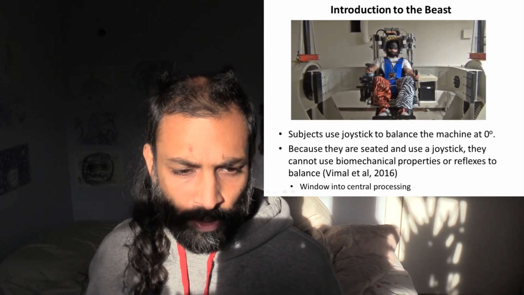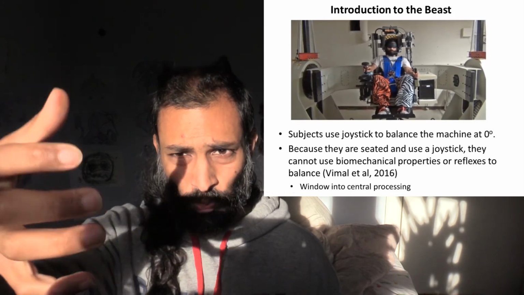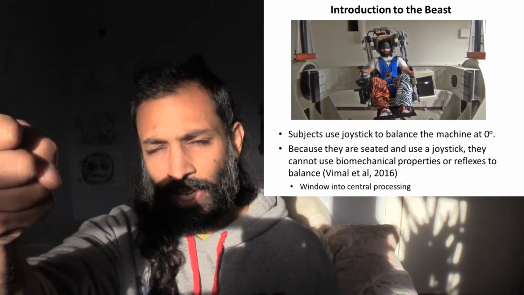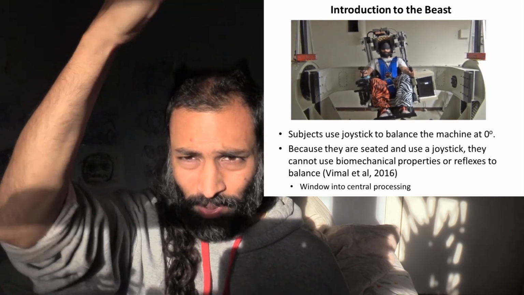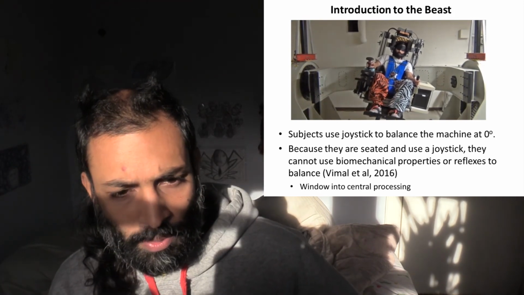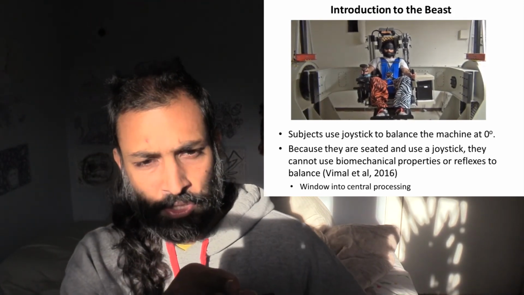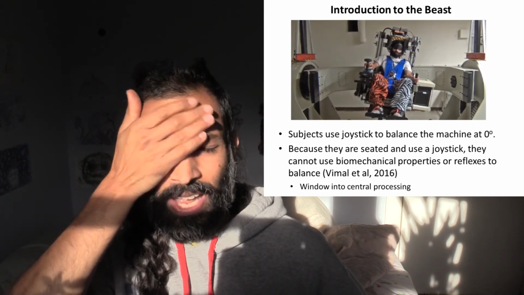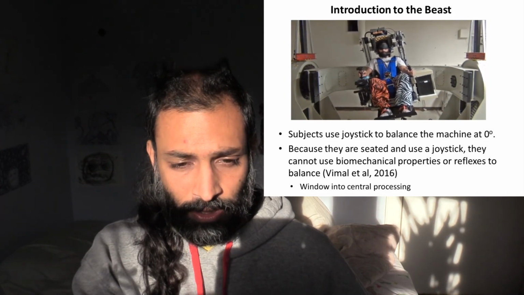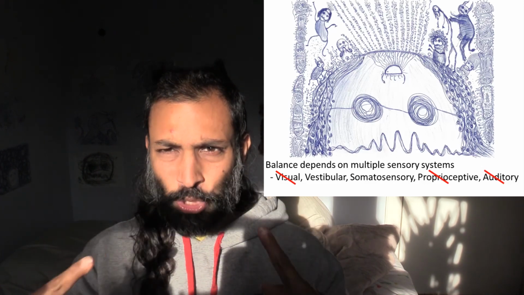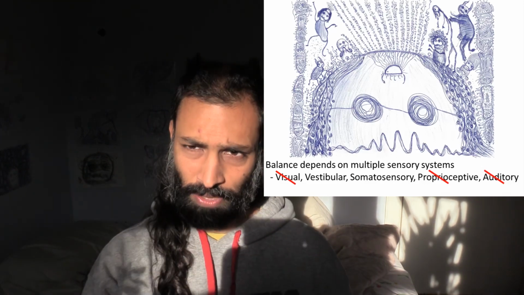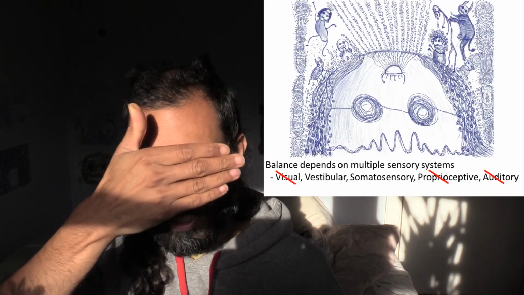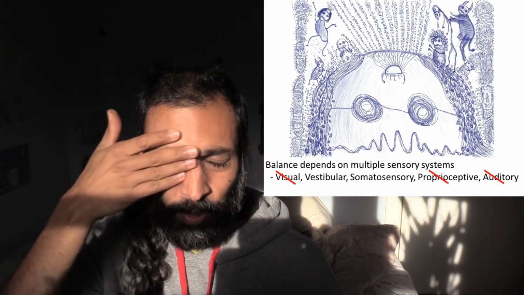What people are instructed to do is grasp that joystick and use it to balance themselves right at the balance point, right at that 0 degree point, right at gravitational vertical, which is pretty cool. You'll also notice that I'm blindfolded and wearing noise-canceling headsets. So in terms of sensory information, they're not getting any visual information about where they are in space because they're wearing a blindfold.